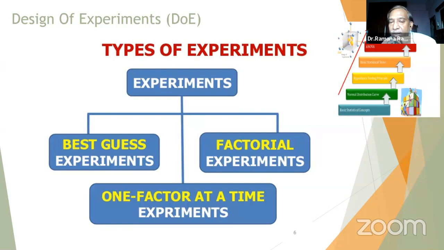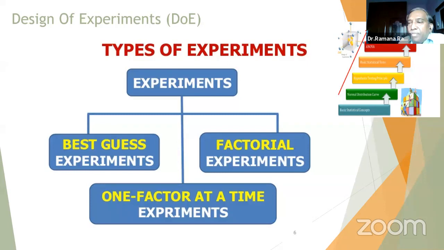Here, there are two worlds. There is a tangible world and there is an abstract world. The tangible world is the things which are physically existing, where you can touch and feel: the manufacturing world. There is another, abstract field, which is computer science. So this topic of design of experiments is relevant for both branches of study.